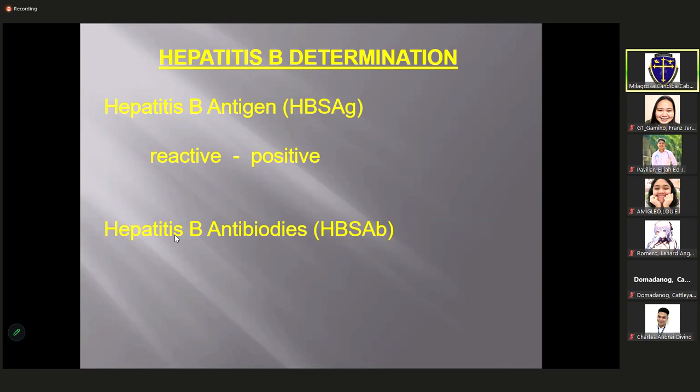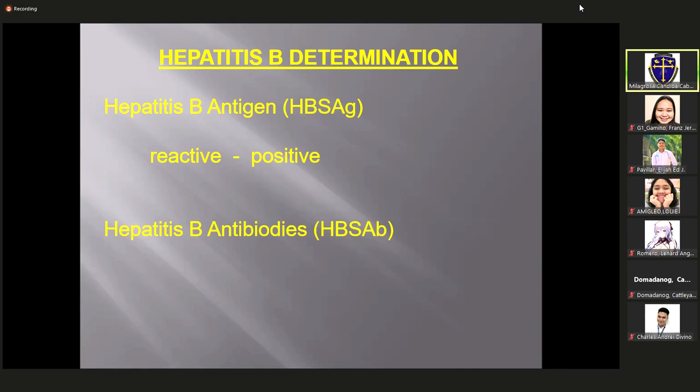So, if this would be the result of the HBsAg of our patient, if we're going to cater to the patient, we need to have this universal precaution in dealing with our client because we know for a fact that we can get infected with hepatitis B if we are exposed to blood or secretions of the client.